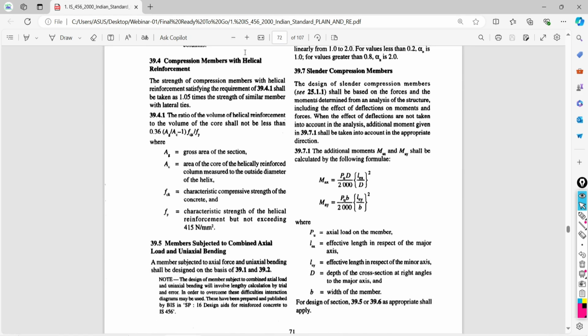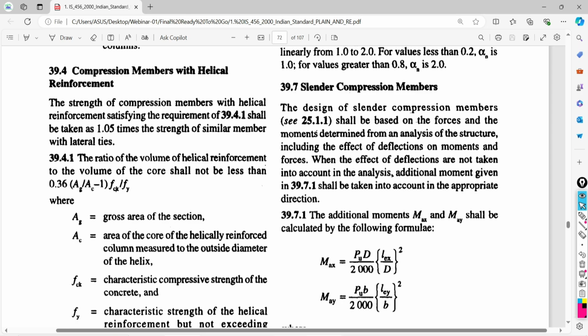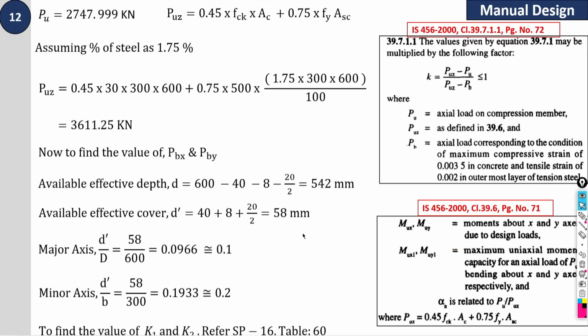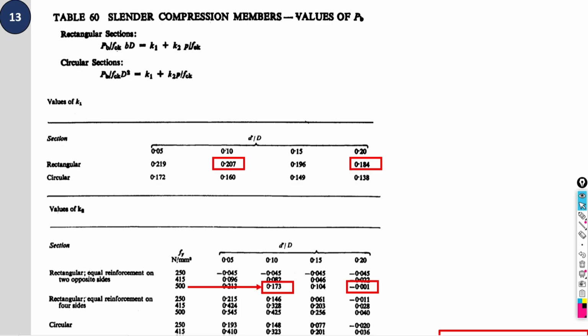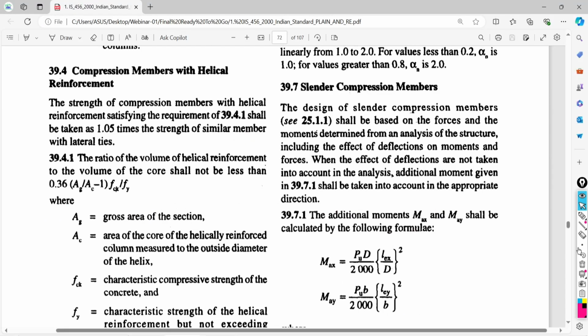Sorry, it is not actually given here. I forgot to add that. So see, if your column is going to become a long column, then you have to calculate the additional moment. So we are going to do the calculation for additional moment.